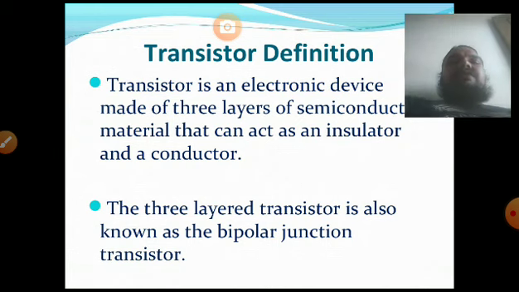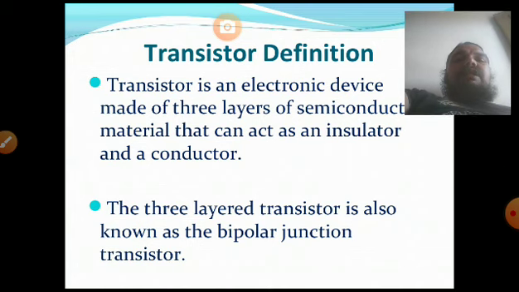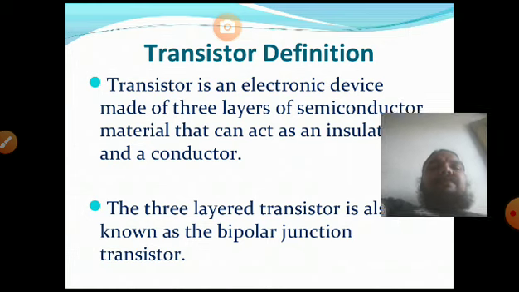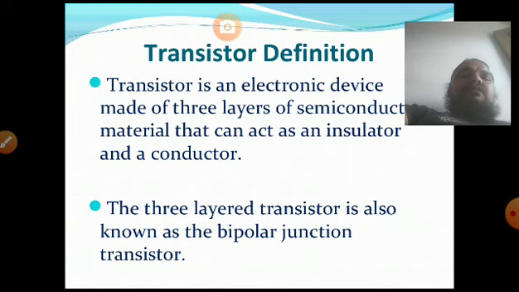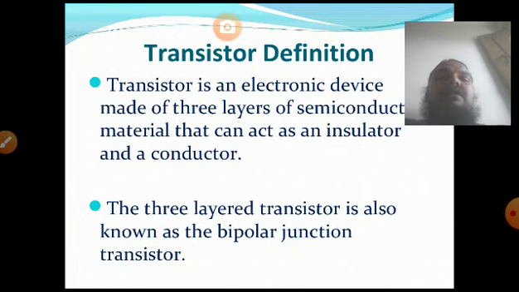Transistor definition. A transistor is an electrical device made of three layers of semiconductor material that can act as an insulator and a conductor.